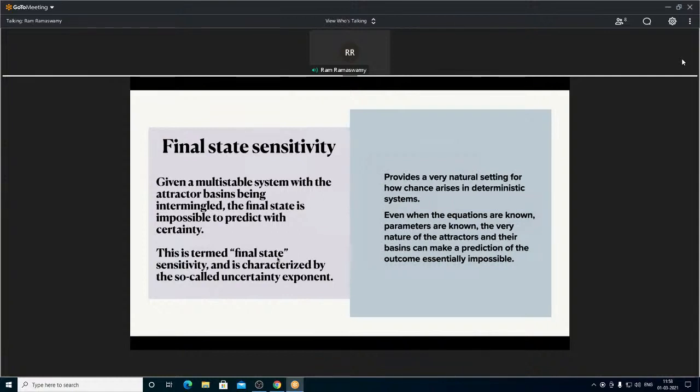Now, so far I've tried to introduce a bunch of ideas to you, or reintroduce you to some of these ideas. There are distinct final states, we call them attractors. If the system is nonlinear, these attractors could have interesting basins. And these interesting basins may be either smoothly meshed with one another, or they may be intermeshed with one another in a somewhat complicated way.